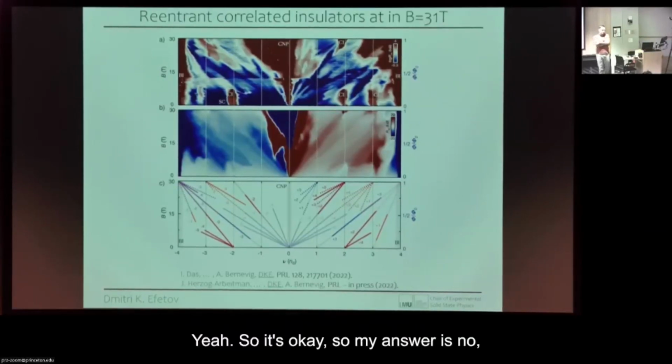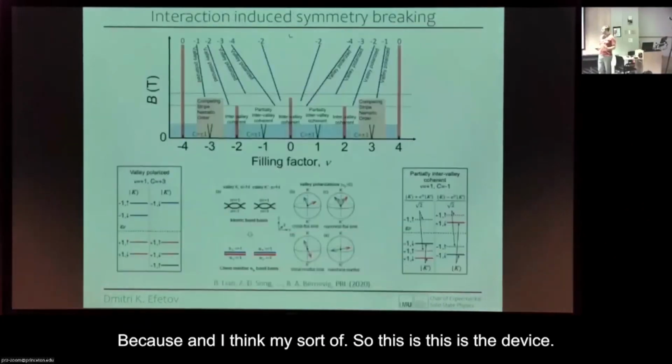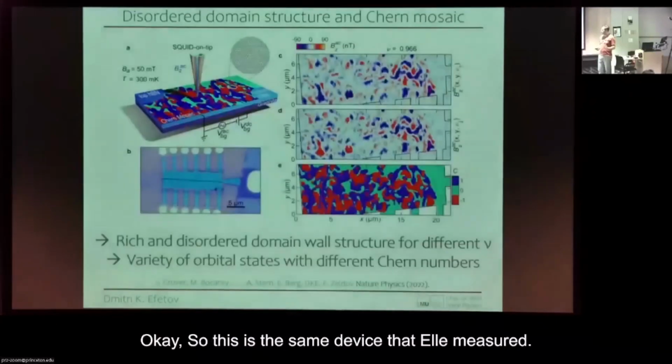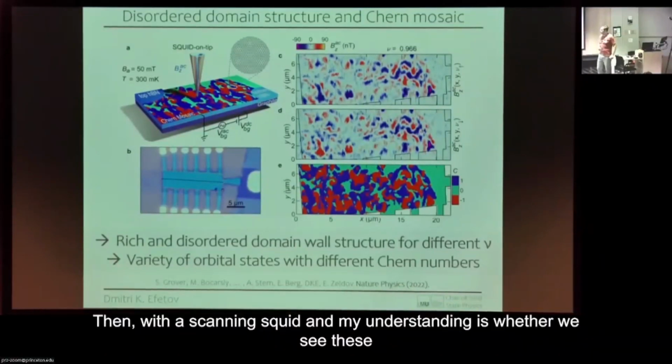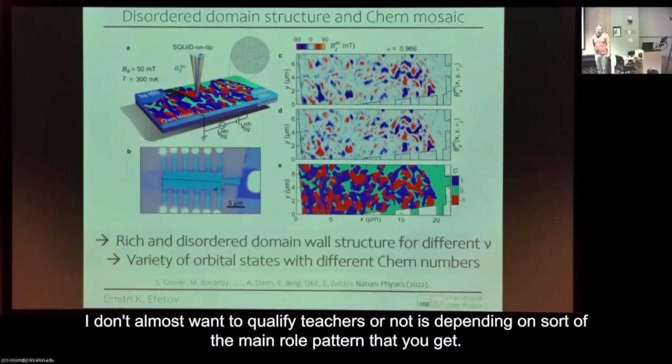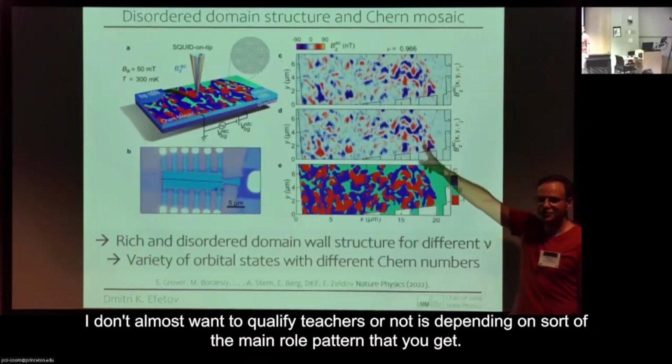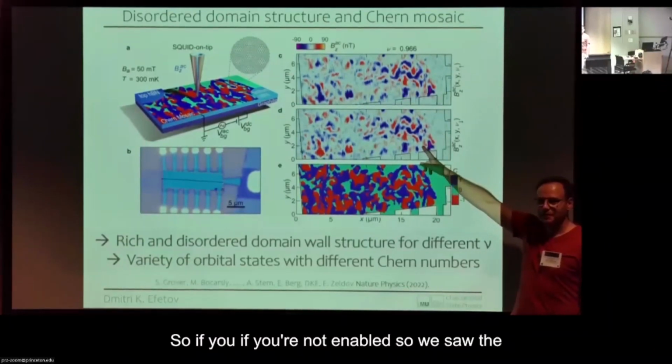So my answer is no. This is the device, the same device that Ellie measured with scanning SQUID. My understanding is that whether we see these anomalous quantum Hall effect features or not depends on the domain wall pattern that you get.